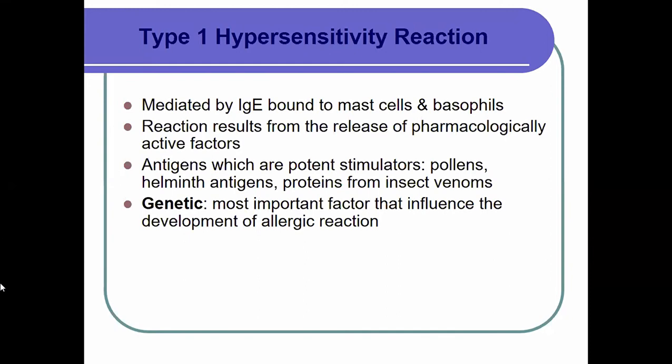So the reaction results from the release of pharmacologically active basoamines. So antigens, which are potent stimulators of this type of hypersensitivity reactions, include pollens, helminth antigens, and proteins from insect venoms.